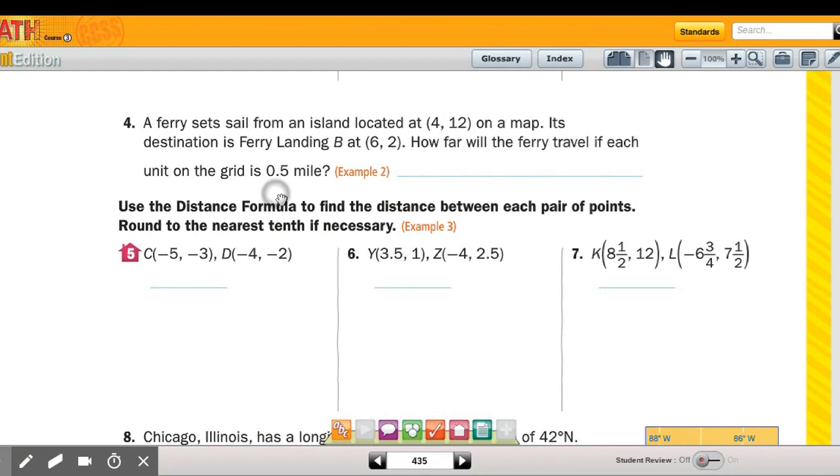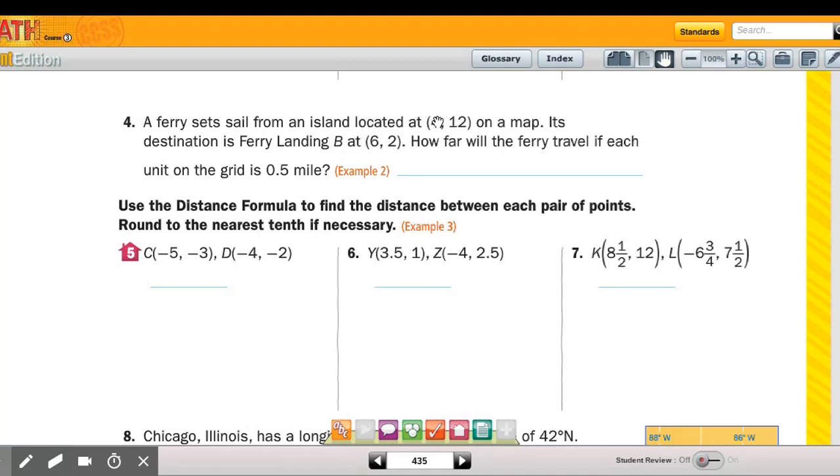So they're talking about how far it's going to go. You've got to be careful at half a mile, because when you figure out the distance here, you could graph it, or I would just put the numbers in. When you put in the numbers for the distance formula, it doesn't matter if you're squaring everything.